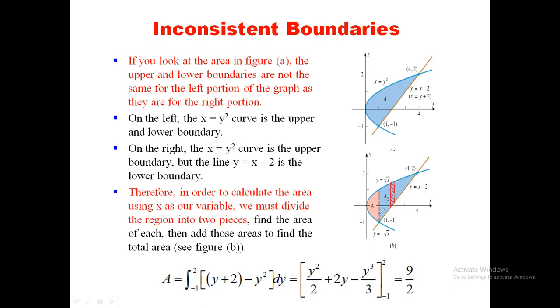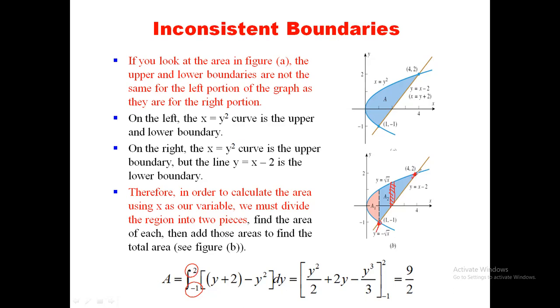So we'll check first what's the area that is being written in here. You have here bounded by -1 and 2. So the question is, how did we get this -1 and 2? You can see this limit here, dy from negative 1 to 2.